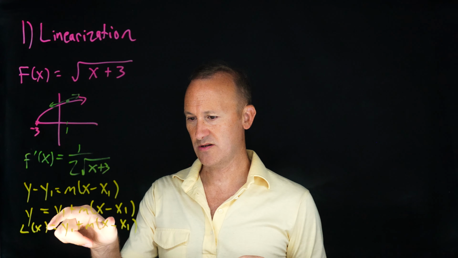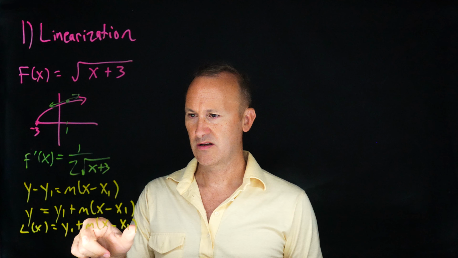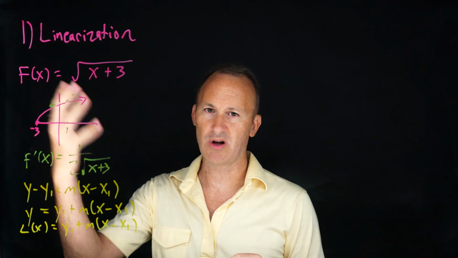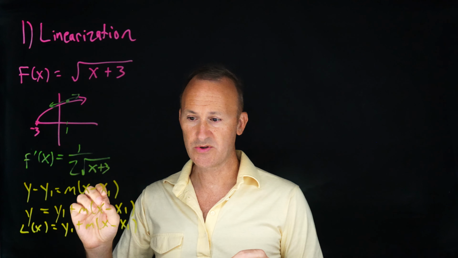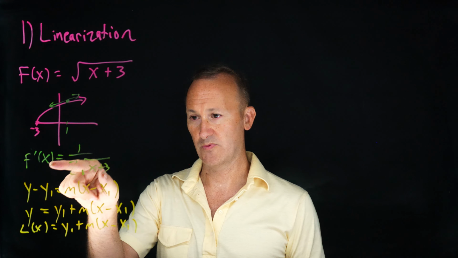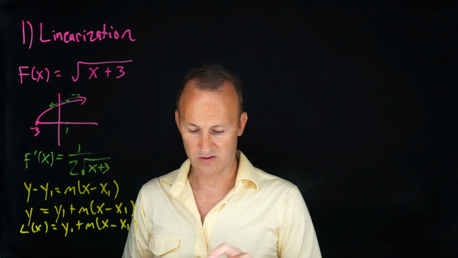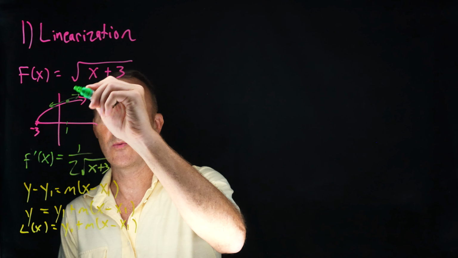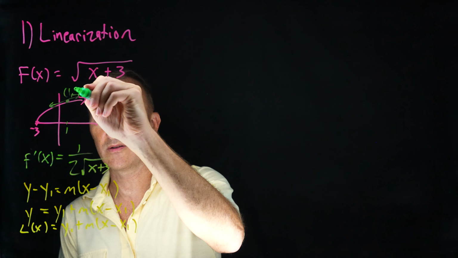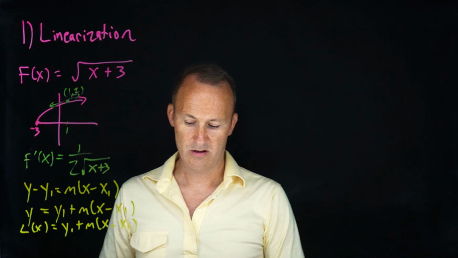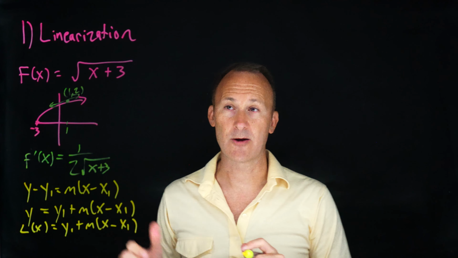Okay, so now that we have this, we can plug everything in using the slope, 1 over 2 root x plus 3, and the point 1, 2. Right, when x is 1, y is 2. So let's go ahead and do that.